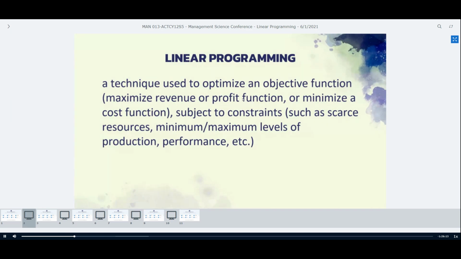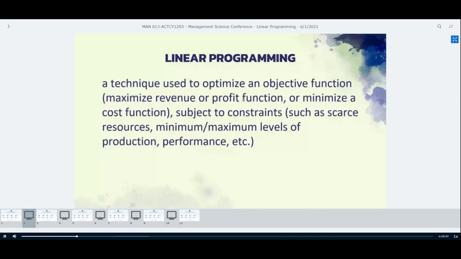So meaning, let's give an example. Sabihin natin na there's just a maximum capacity, say this machine. So yung machine natin can only do 10,000 units, and that's the maximum level. So meaning we need to maximize our revenue, thinking that our machine can only produce 10,000 units.